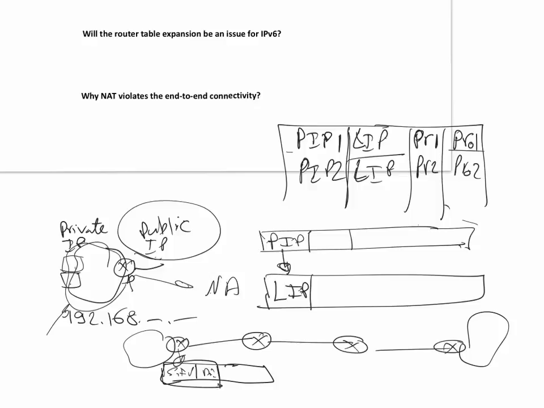So the end-to-end connectivity can now be identified by a source and destination. We don't need NAT. At least we are not forced to use it. We can use it for some other purposes, but we're not forced to use it because of the shortage of IP. Also, IP address version 6 has a built-in feature for security. And we'll talk about what exactly in the header field is used for security.